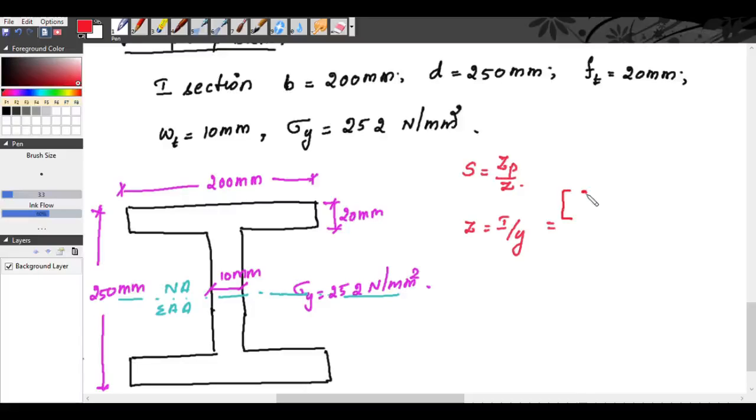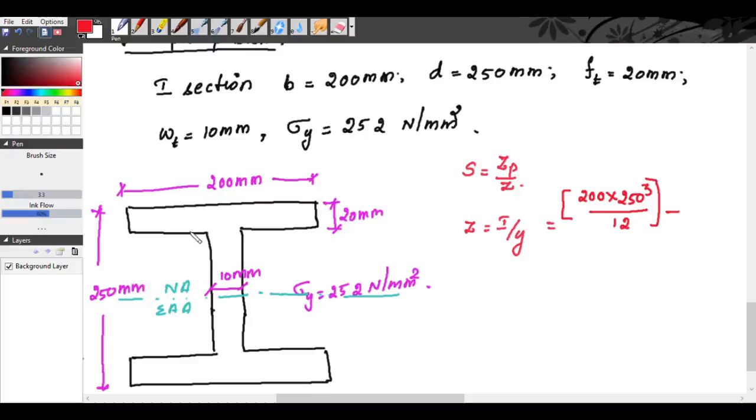So here B is 200, D is 250. So BD cube divided by 12 minus, see this part, minus this and this.